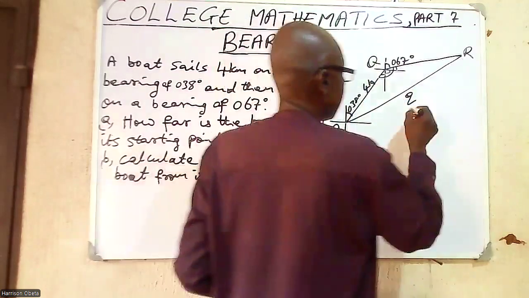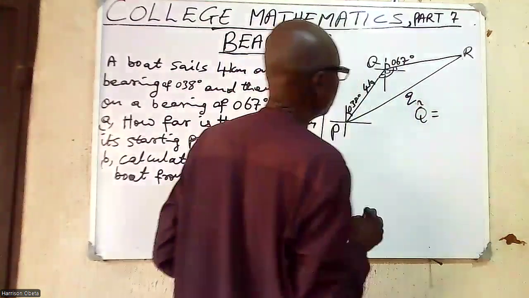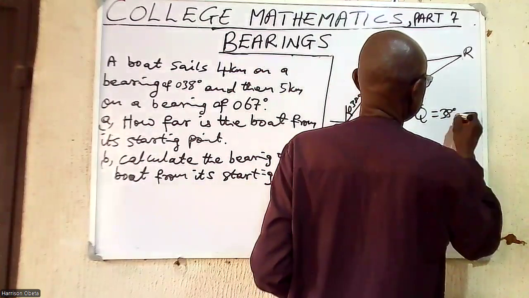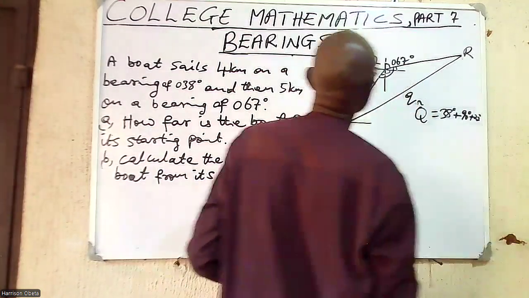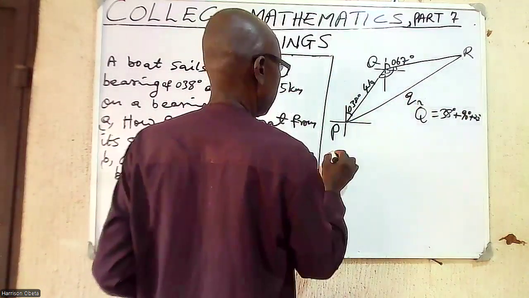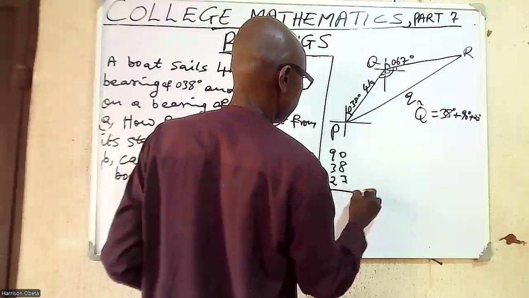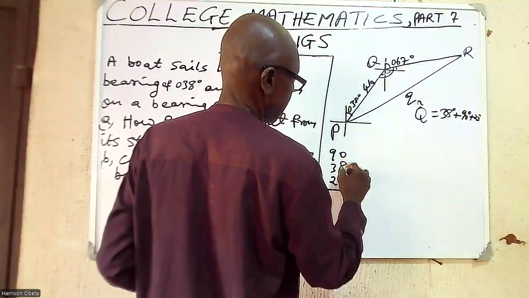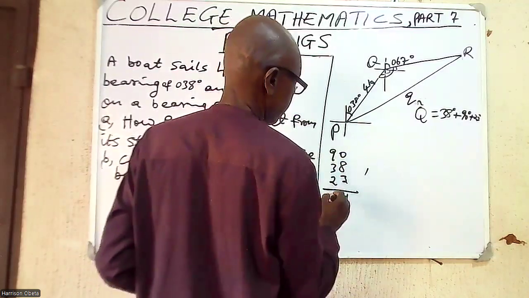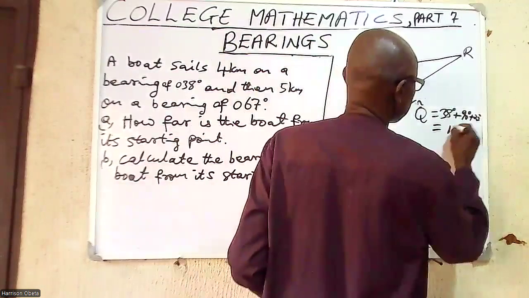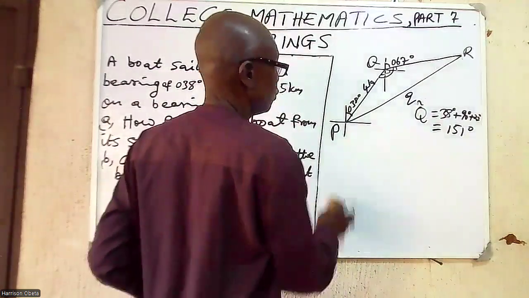So angle Q is equal to 38 degrees plus 90 plus 23. Adding, we get 151 degrees. 151 degrees is angle Q.